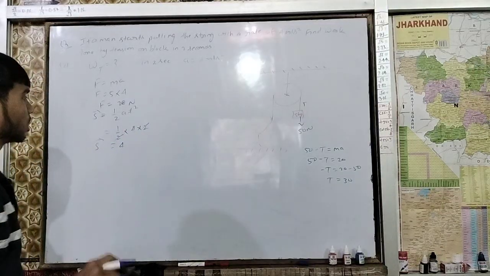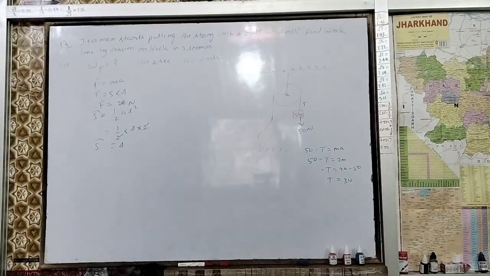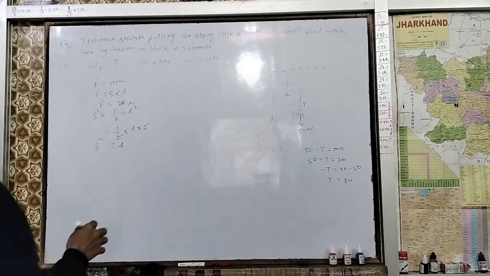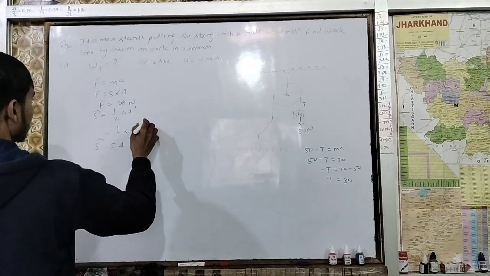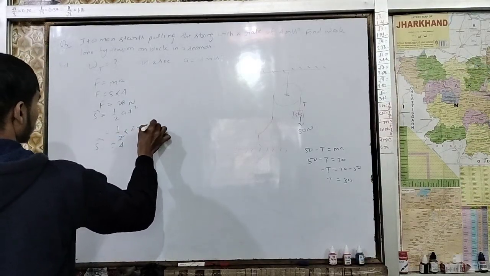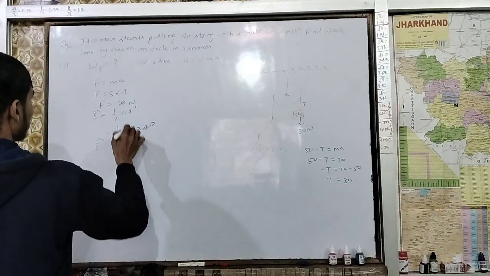Displacement is half times 4 times 2 squared, which is 8 meter.